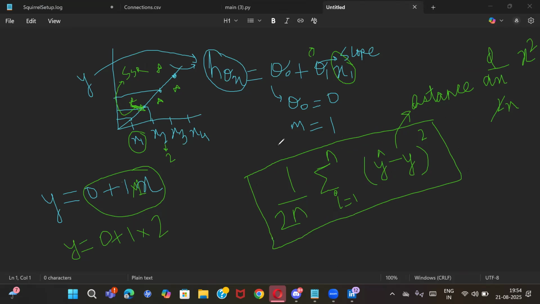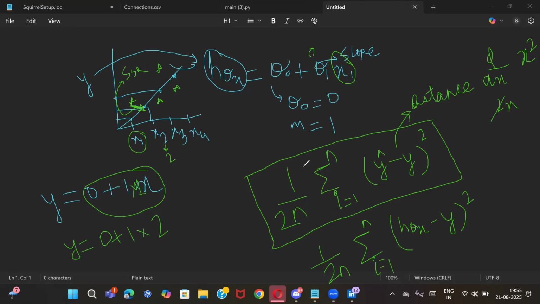Instead of y hat, you can write this line: theta naught plus theta 1 x1, minus y, whole square, divided by 2n, with the summation from i is equal to 1 till n.